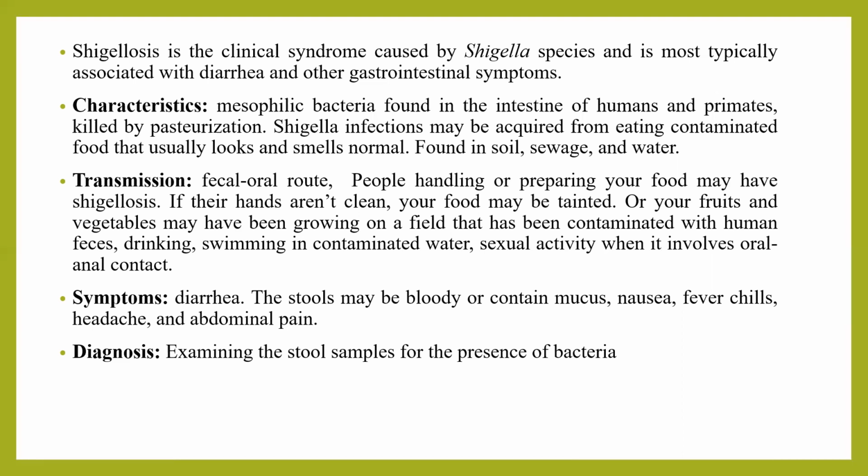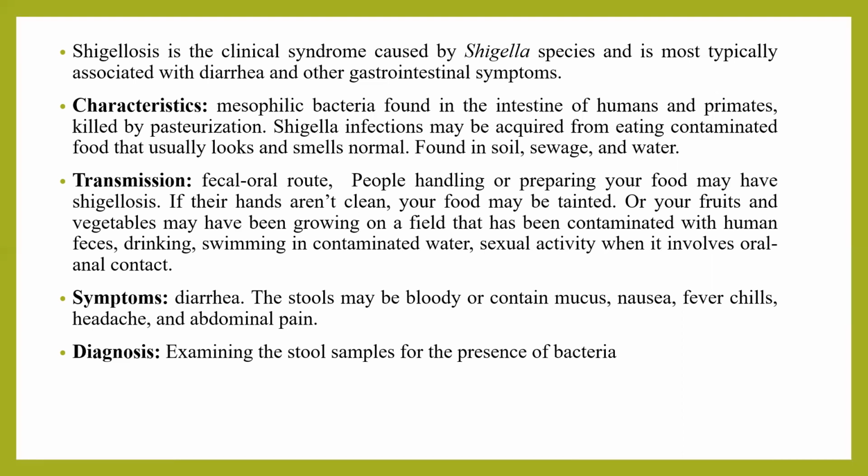People handling or preparing your food may have shigellosis. If the hands aren't clean, your food may be tainted, or your fruits and vegetables may have been growing in fields that have been contaminated with human feces, or by drinking contaminated swimming water. Certain sexual activities involving oral and anal contact can also lead to the transmission of Shigella bacteria.